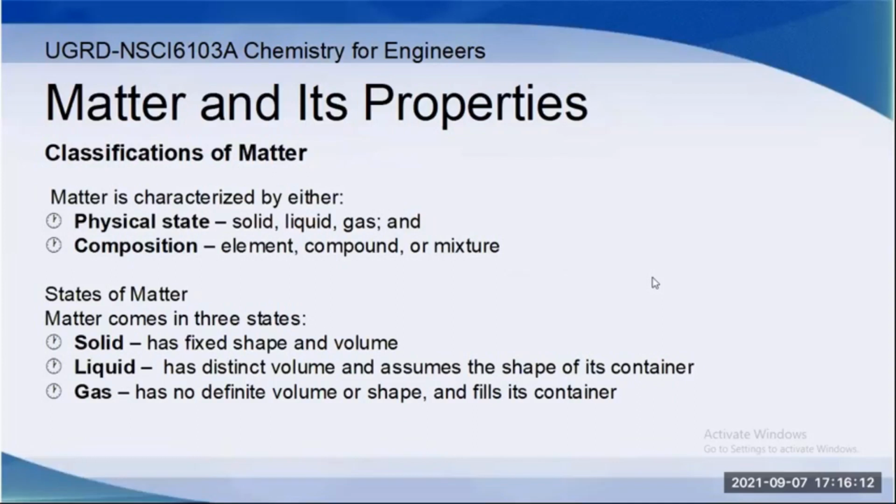Right now we have many other states of matter, but in everyday activity, the ones that we can only experience or interact with are solid, liquid, and gas. The other states of matter are very special cases. For example, plasma. Plasma is air subjected to a very high temperature, so we don't see that every day.